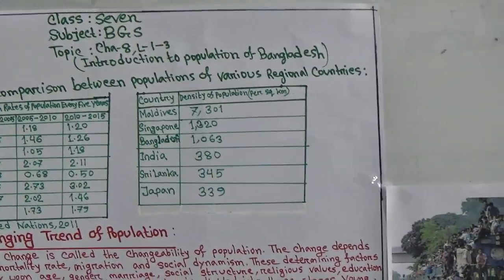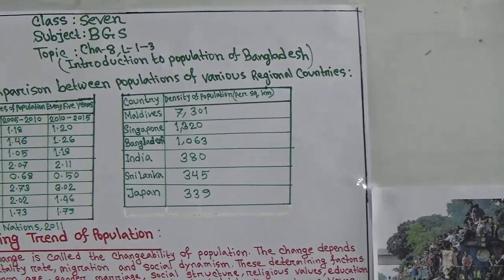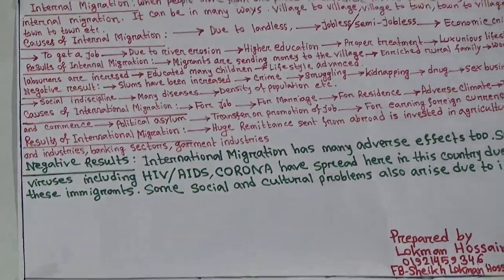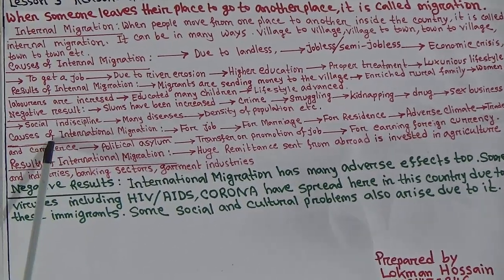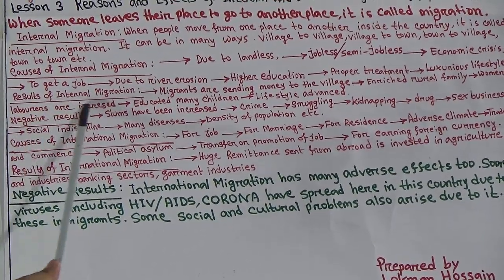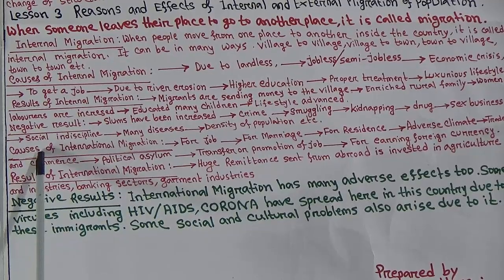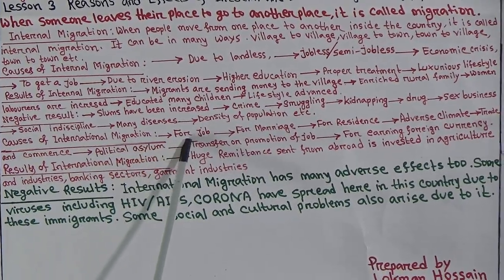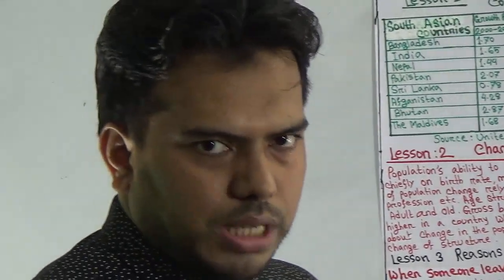Causes of international migration. We can see here the next one is causes of international migration. For getting a better job, people go from one country to another.